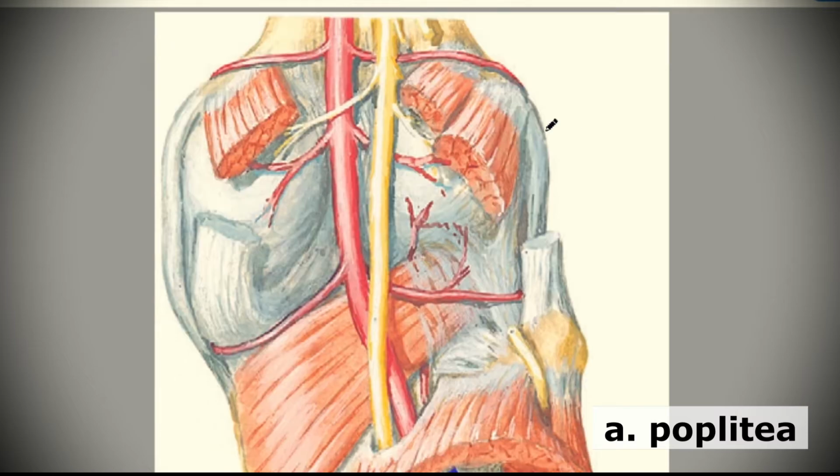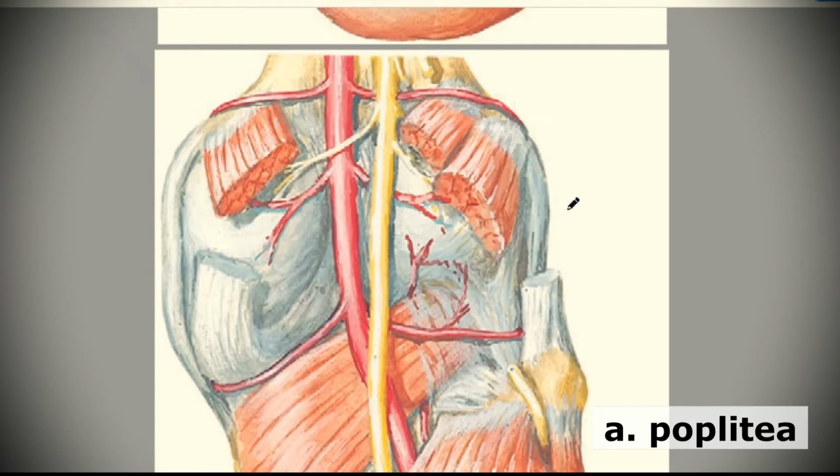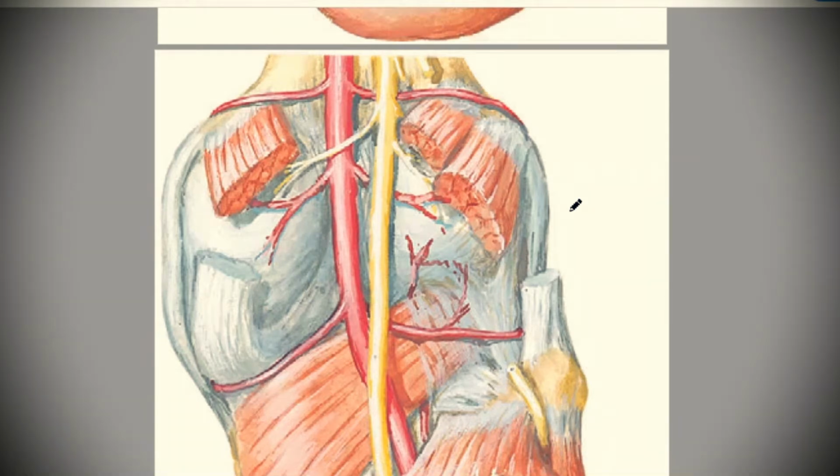And these branches all supply the knee joint, and they have the same name, arteria genus. So we have two superior and two inferior arteries and one middle artery.